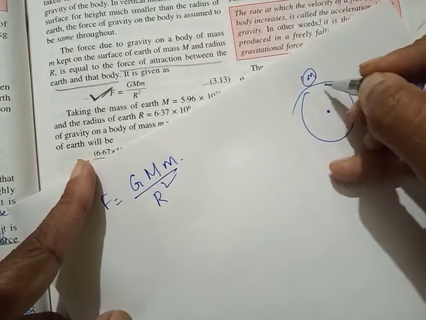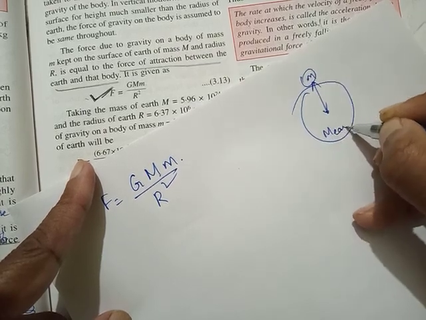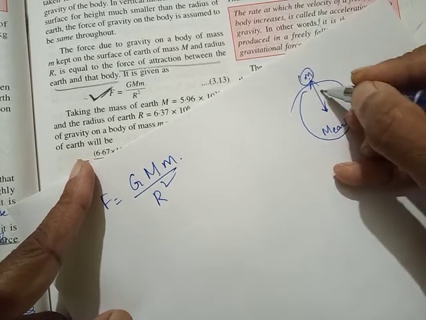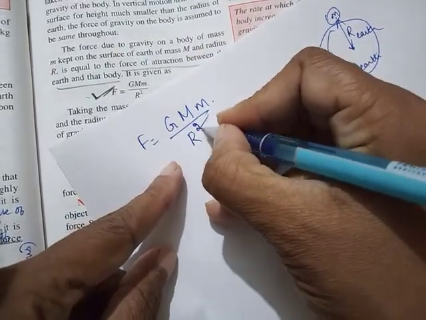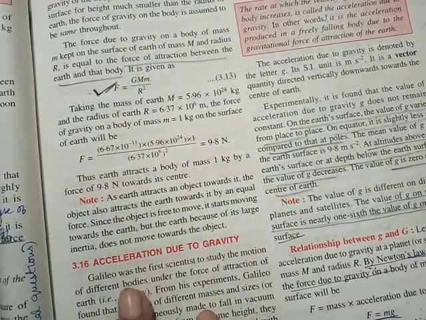When you have to find the force of gravity, it is between a body and Earth. So one body is the mass of Earth, the other body is the mass of small m, and the distance will be capital R. So your formula will become GMm upon R square. That's what they have given here.